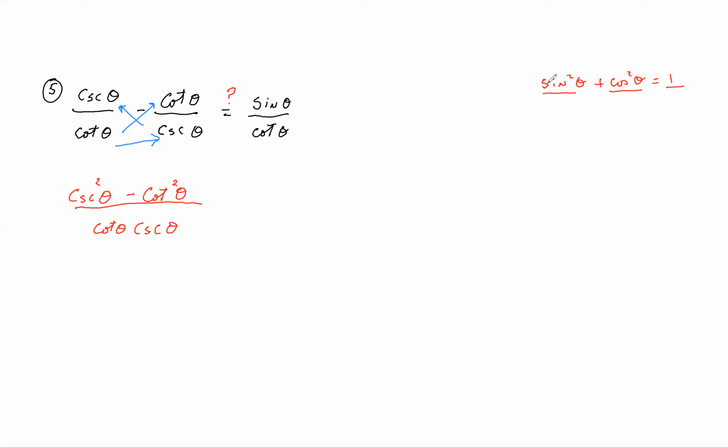If I divide by cosine, sorry, by sine, we got 1, we got cotangent, and we got cosecant.